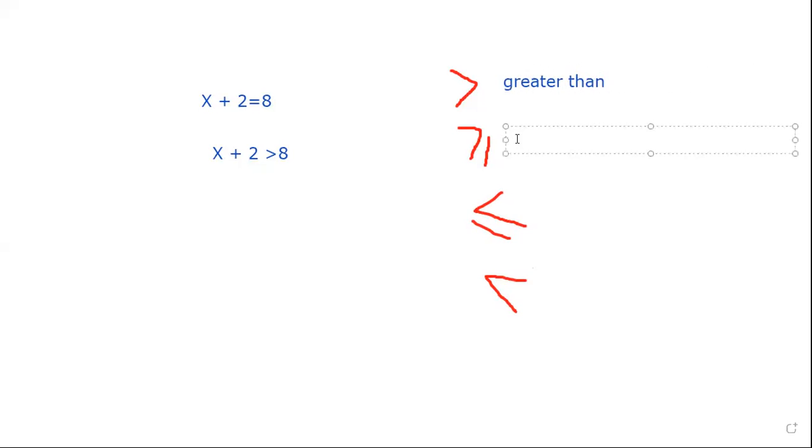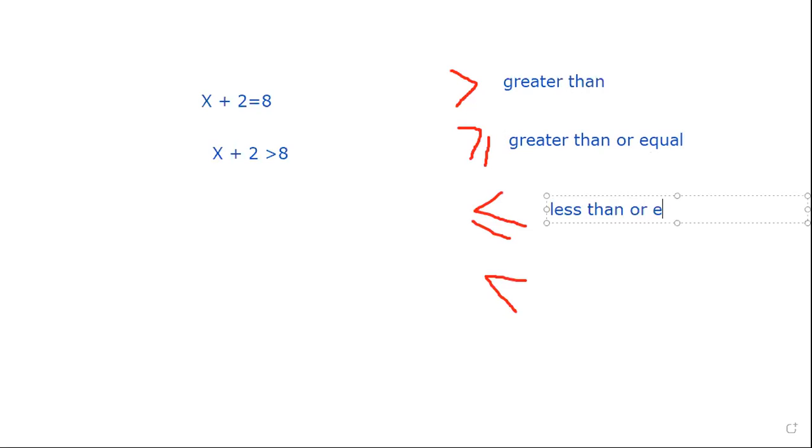Greater than or equal. And this one? Less than or equal.